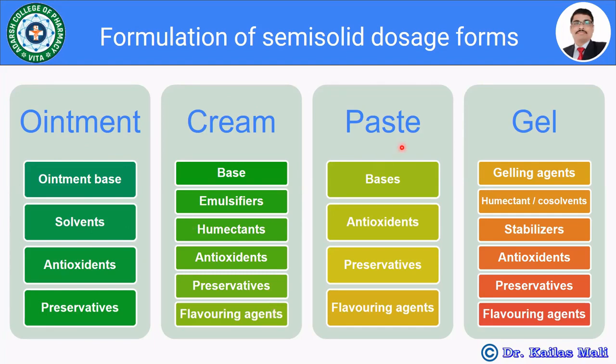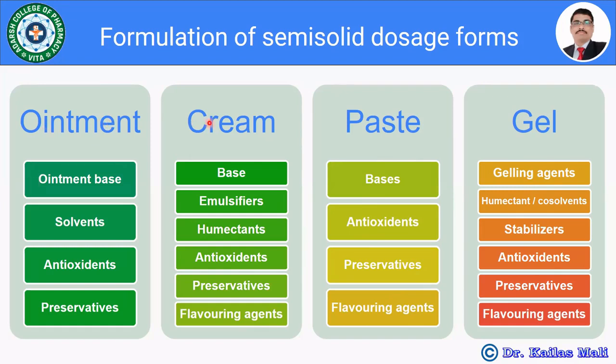In the case of pastes, we are supposed to use the bases, then the antioxidants, preservatives, and the flavoring agent. And in the last case, that is gels, we are supposed to use the gelling agents like hydrocolloids or some hydrophilic polymers, then humectant and co-solvents, stabilizers, antioxidants, preservatives, and the flavoring agent. When we are comparing ointment, cream, paste, and gel, in the case of ointment we are using the ointment base.